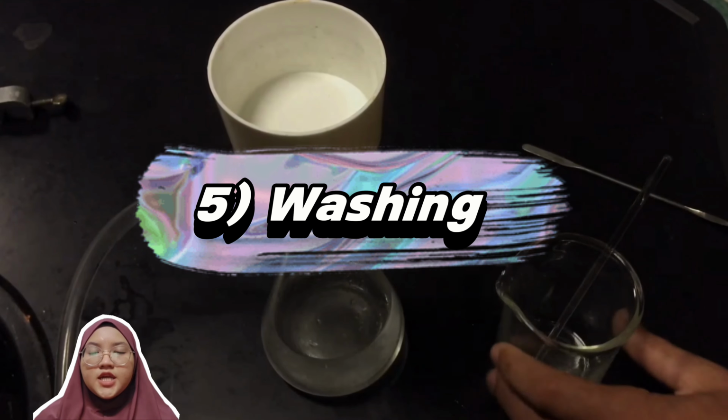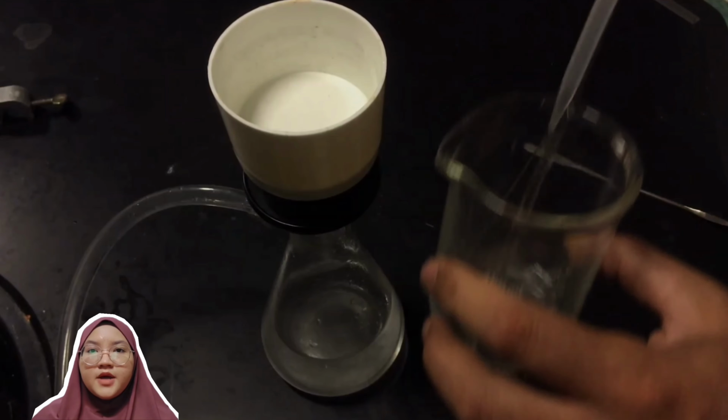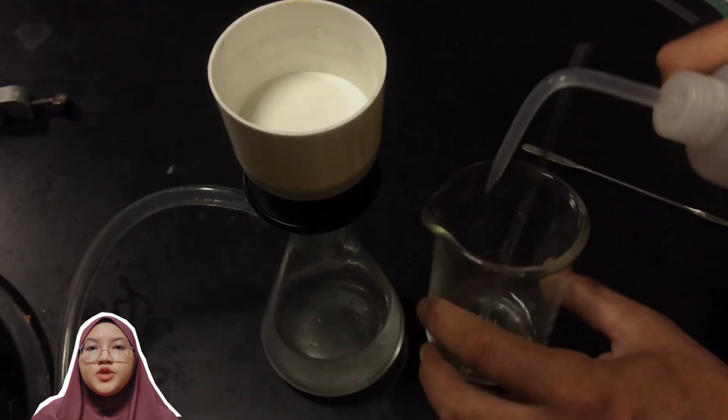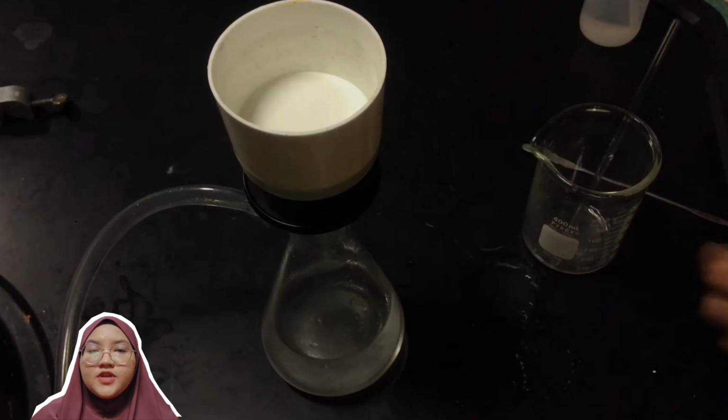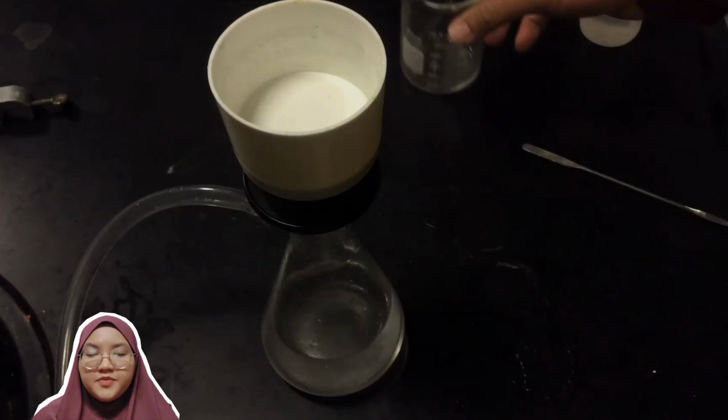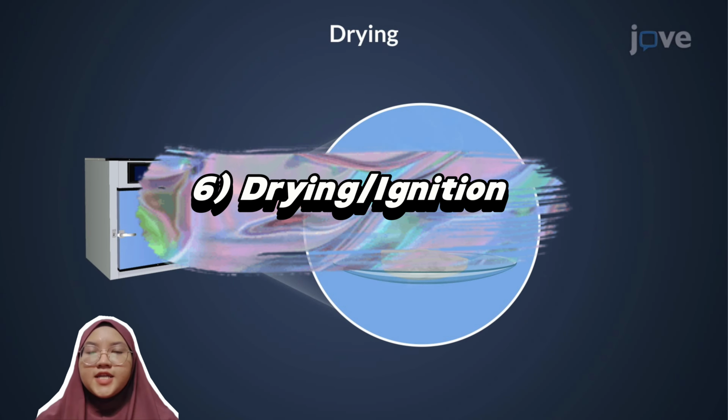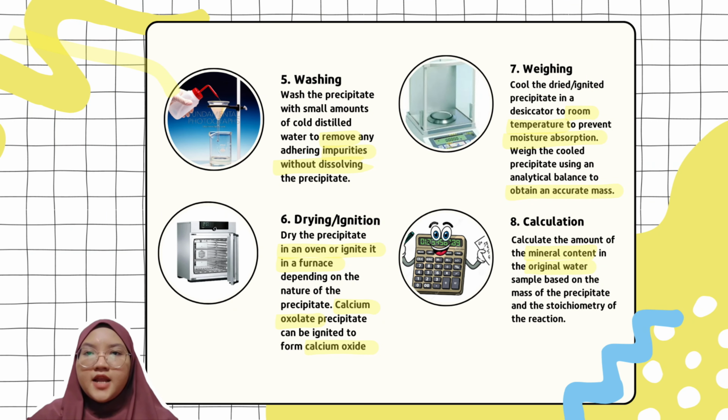Fifth, washing. Wash the precipitate with small amounts of cold distilled water to remove any adhering impurities without dissolving the precipitate. And then, sixth, drying or ignition. Dry the precipitate in an oven or ignite it in a furnace depending on the nature of the precipitate. Calcium oxalate precipitate can be ignited to form calcium oxide.